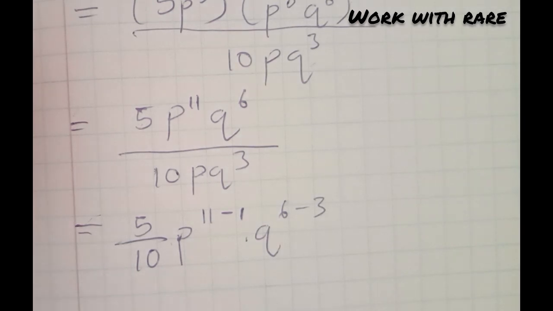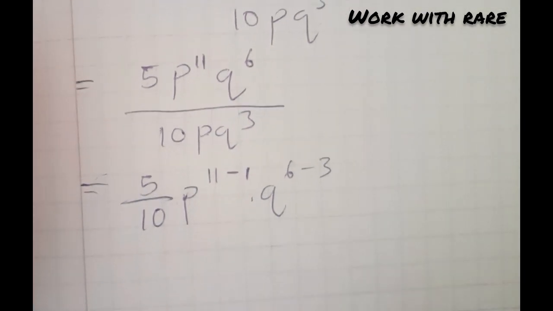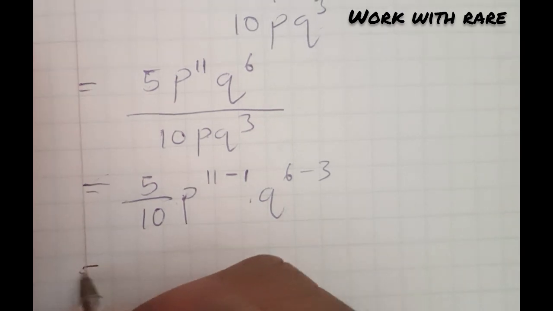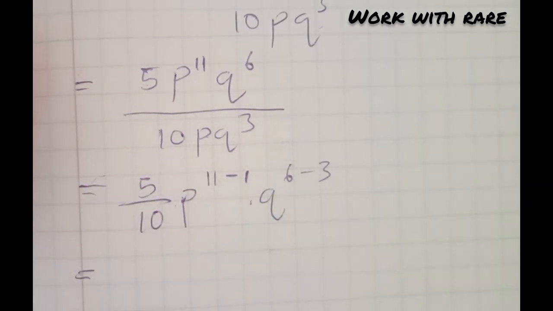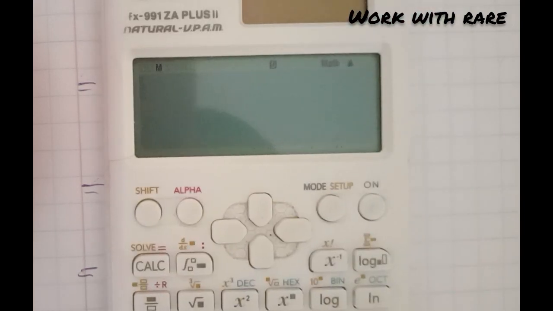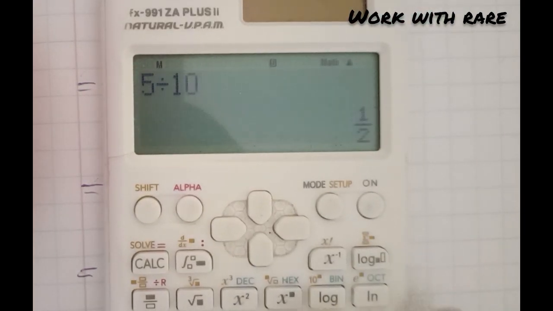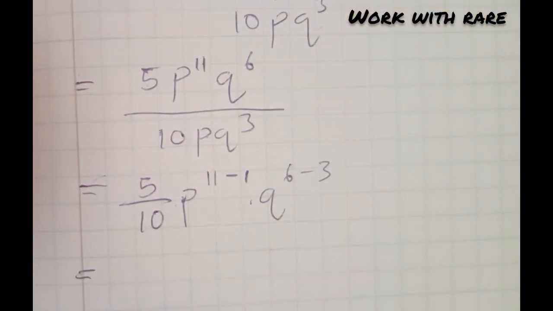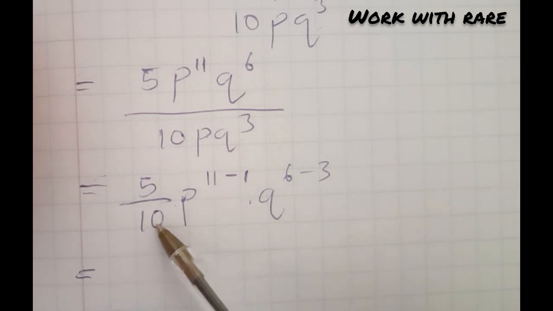So now it's time to write the final answer. 5 divided by 10, it's 1 over 2, right? You can check it on your calculator. It's 1 over 2, right?